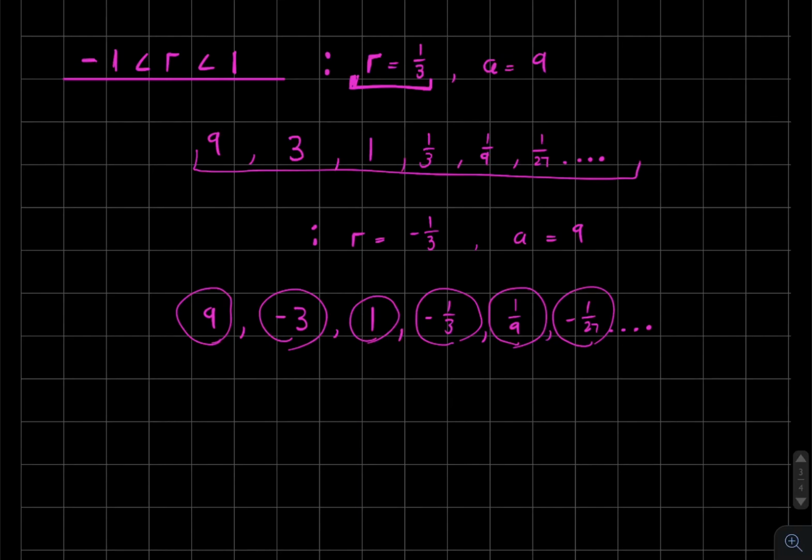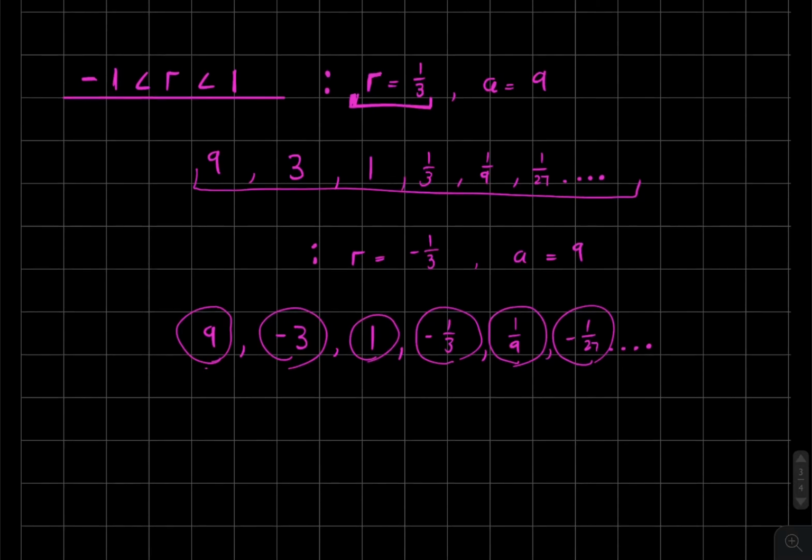But what we see here is that, okay, we go from a larger number to a smaller number. Remember that as we go, every number that's negative is less than any positive number that you can ever think of. So we're going from a larger number here to a smaller one, -3. Then going back to a larger number, which is +1, then back to a smaller number, which is -1/3.